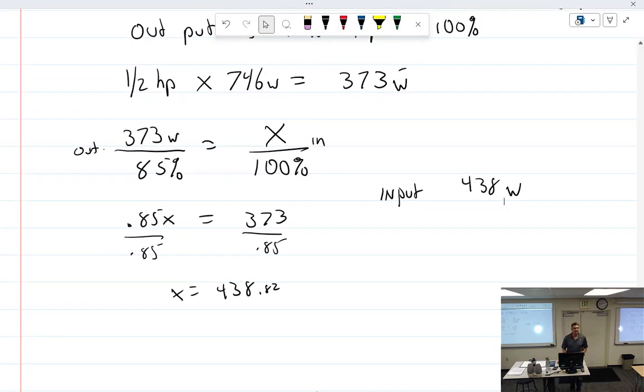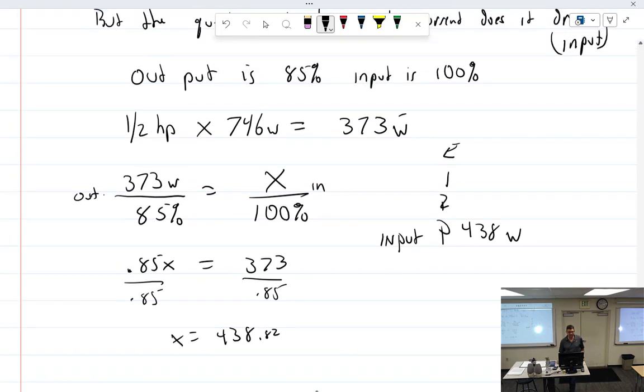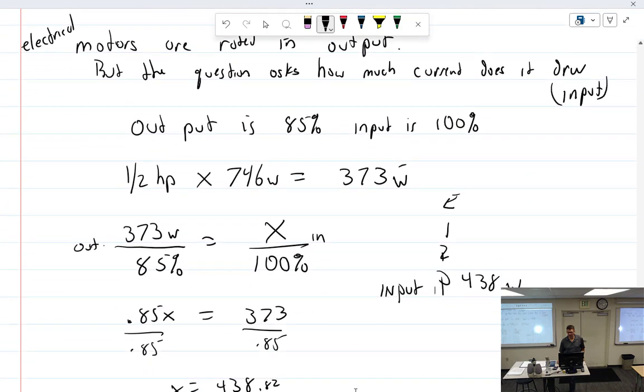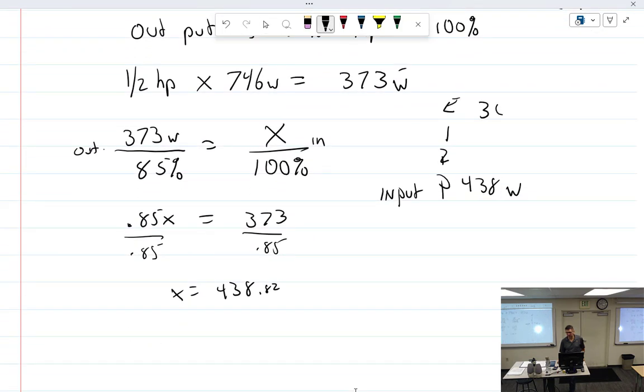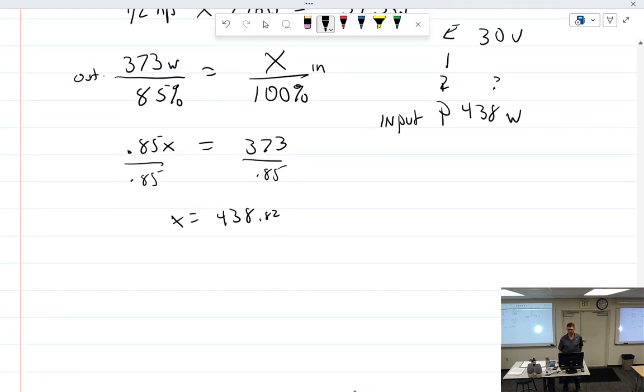How much current? Thankfully, you've all had the formulas for E, I, R, and P. P is that much, and what did they give me? 30 volts. Did they give me the resistance? No, so Ohm's law, E equals I times R, is not helpful.